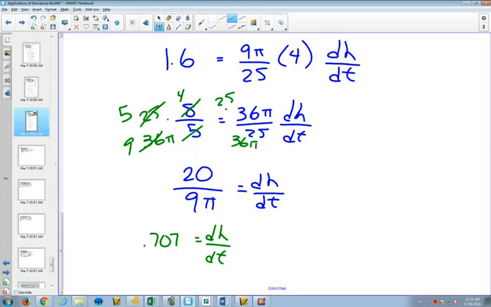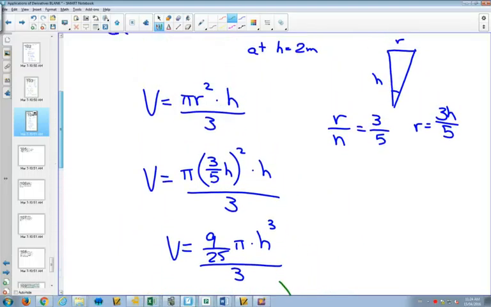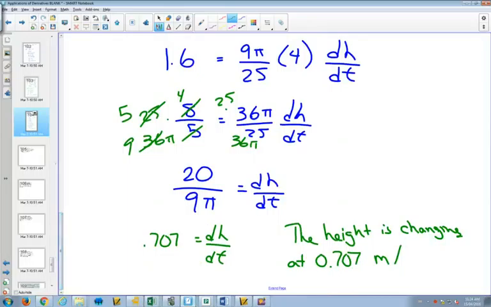So we know that our height is changing at 0.707 meters per, as far as we need to write a statement here at the end. What was our unit, seconds or minutes? Minutes. At 2 meters, that's how fast the height is changing.